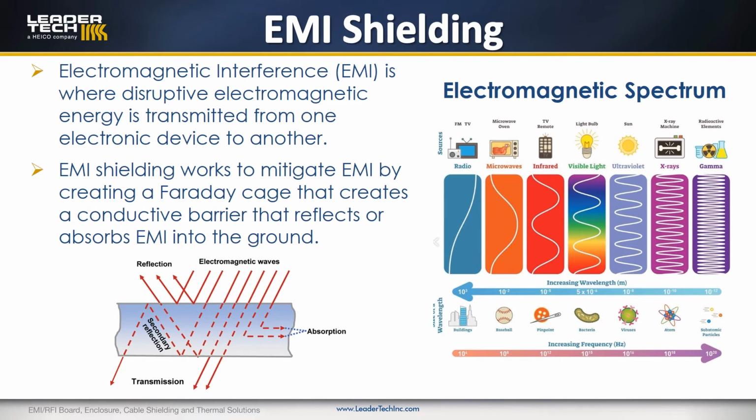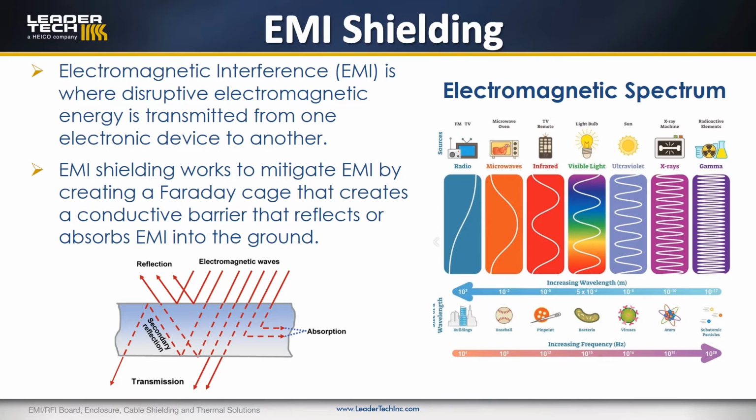In this webinar, we're going to discuss the concept of EMI, as well as the guidelines for designing effective board level shields. So what is EMI? EMI stands for electromagnetic interference, and is essentially signals emitted either from or received by a device that disrupt its performance, similar to like a cell phone that could interfere with a speaker or TV.